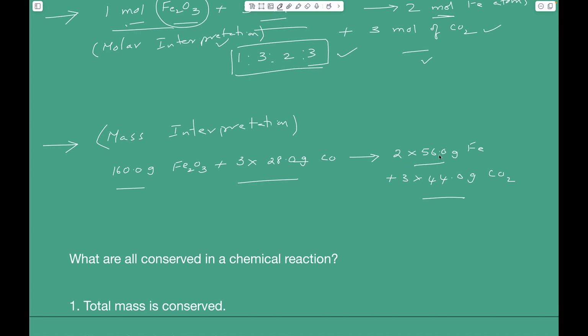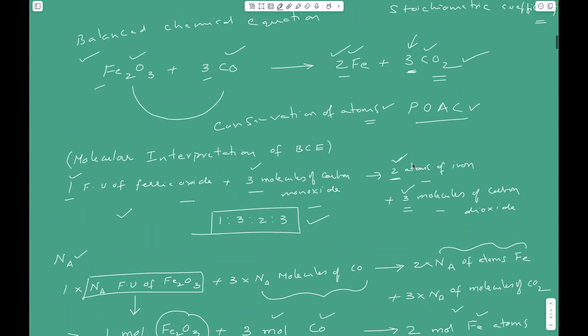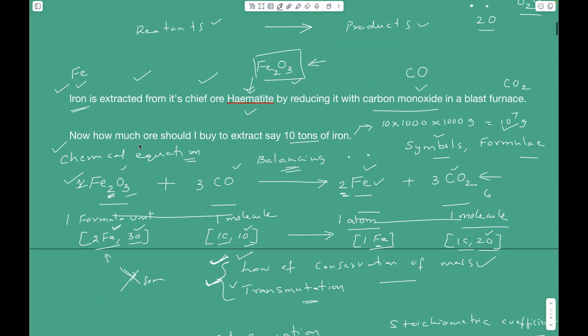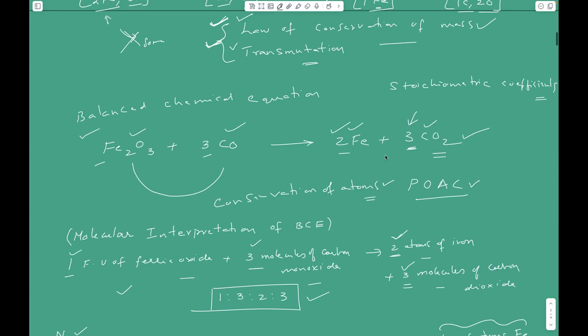See, to get 2 times 56 grams of iron, we have to take 160 grams of ferric oxide. But we want 10 to the power of 7 grams of iron. So how much ferric oxide should I take? So this relationship between their masses is what we are using to calculate the mass of ore that we should buy to get this much iron, just by using a balanced chemical equation without stepping into a laboratory.